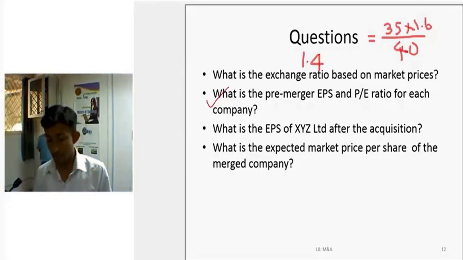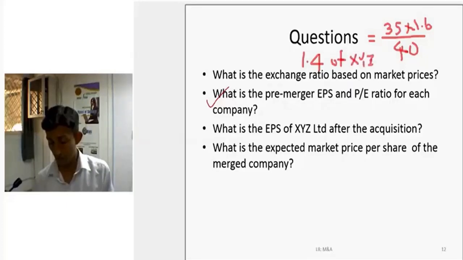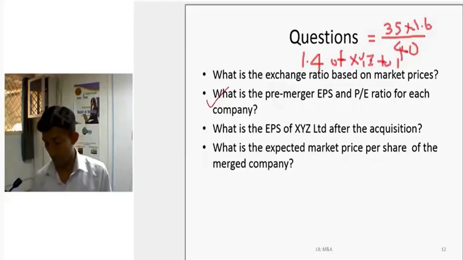Right. So that is the exchange ratio based on market prices: 1.4 of XYZ for 1 share of ABC. So this is the exchange ratio.